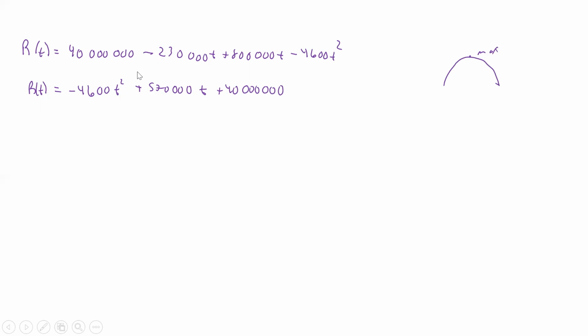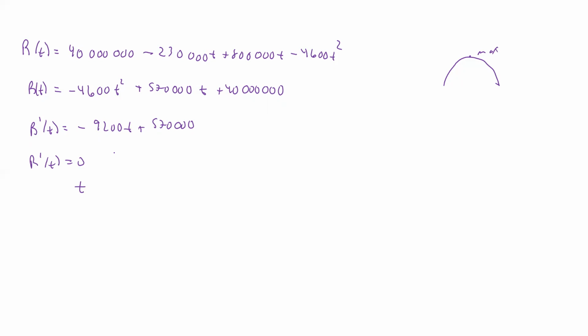And so now if we take the derivative, that gives us negative 9,200t plus 570,000. If we set that R prime of t equal to 0, we're going to get 570,000 divided by 9,200.